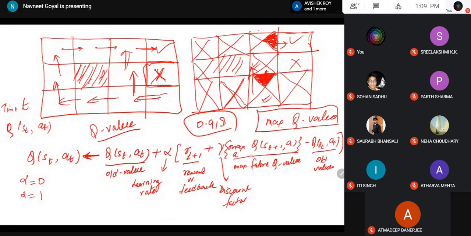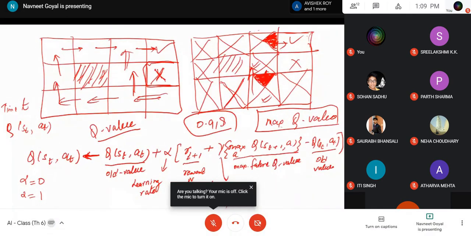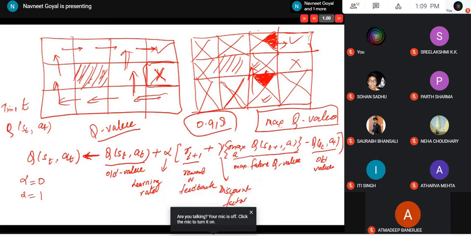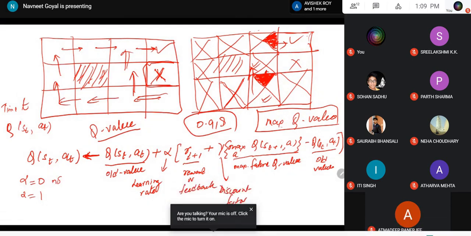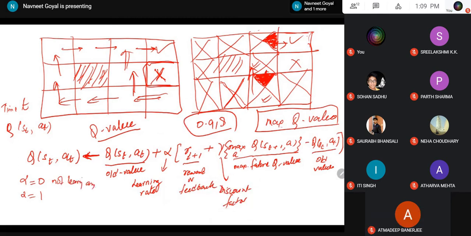So if alpha is equal to 0, that means the learning rate is 0. That means you are not learning anything new. So that is how you interpret it. And alpha is equal to 1, that means only the most recent value is considered.